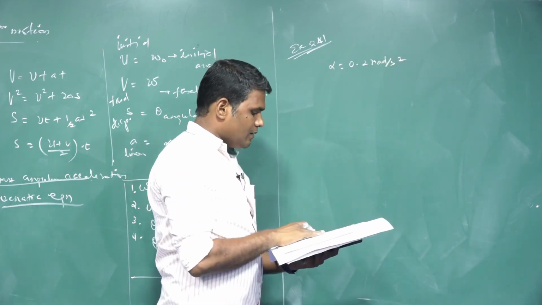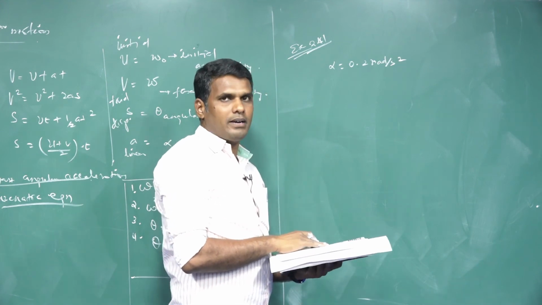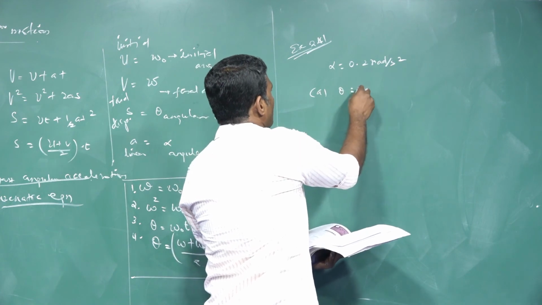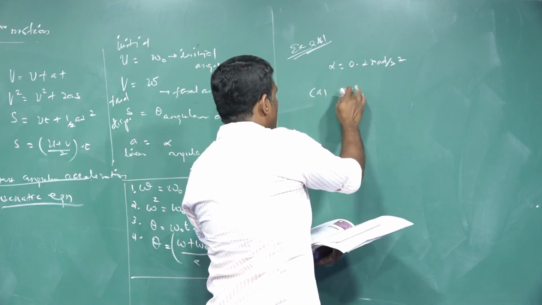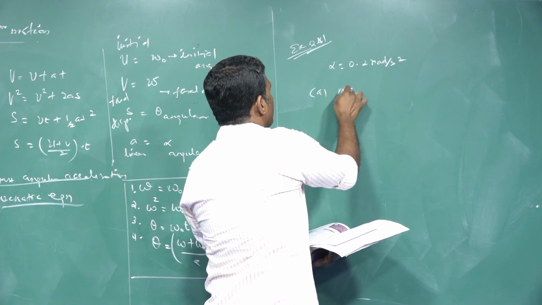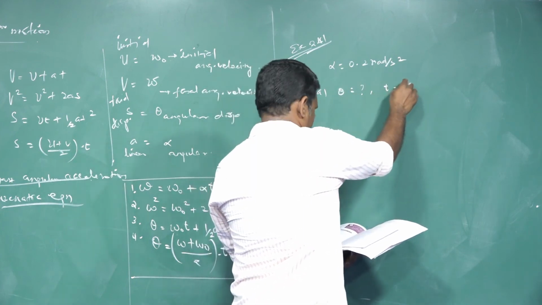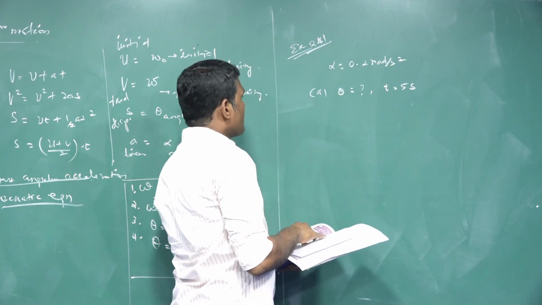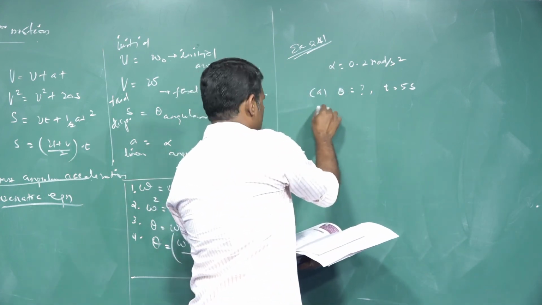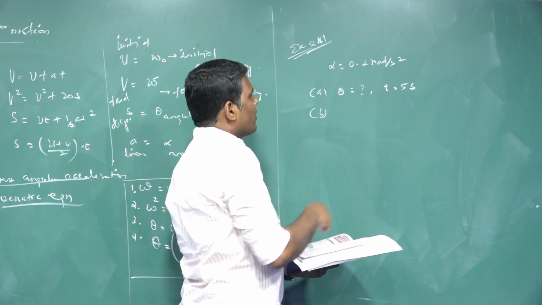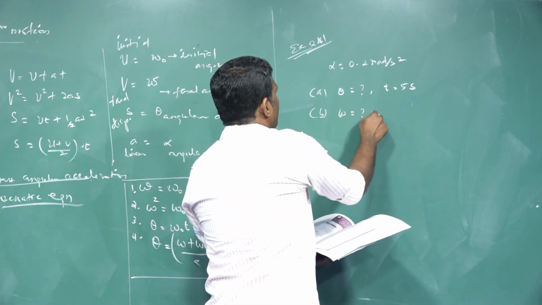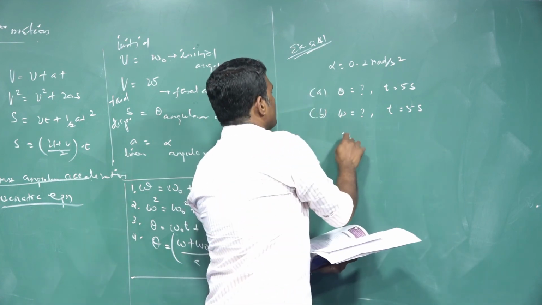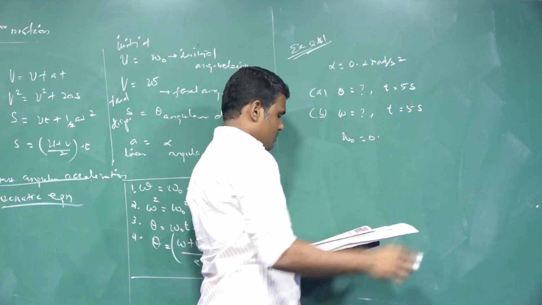They are asking you to calculate the angular displacement theta made by the particle after t equals 5 seconds. Then second one, what is the angular velocity omega at the same time t equals 5 seconds. Assume that the initial angular velocity is 0.